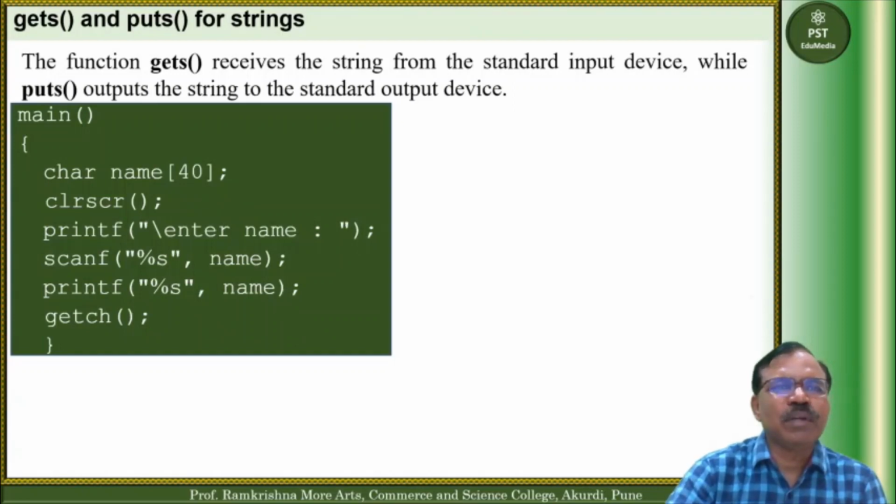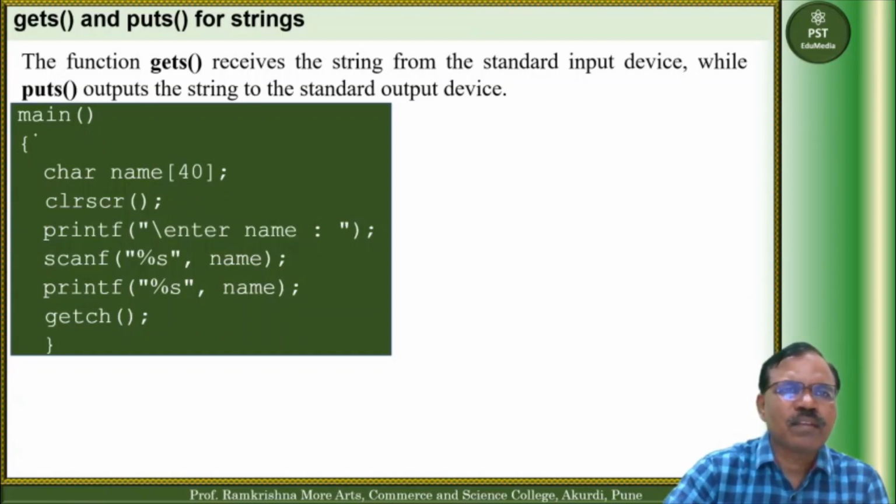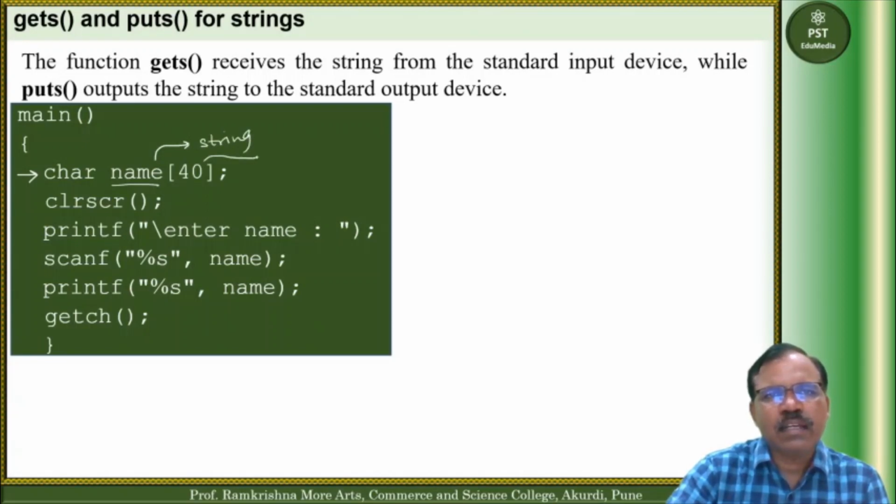If we see a simple program, I have taken a program here. This is the main function, and name is a variable for a string, and it can store 40 characters. So it is an array of characters.